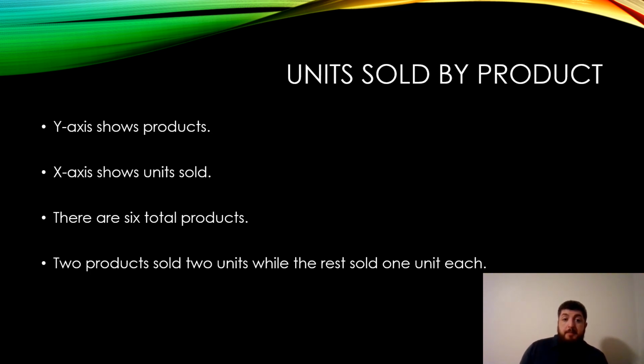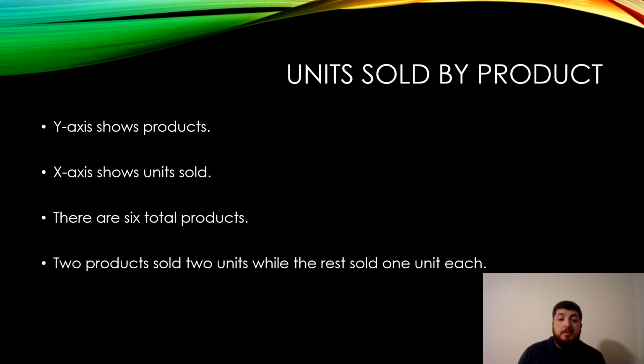In the units sold by product graph, on the y-axis we'll show the names of the products. On the x-axis, we'll show the units sold. There are 6 total products. 2 of the products sold 2 units, which is the top end, while the rest of them sold 1.